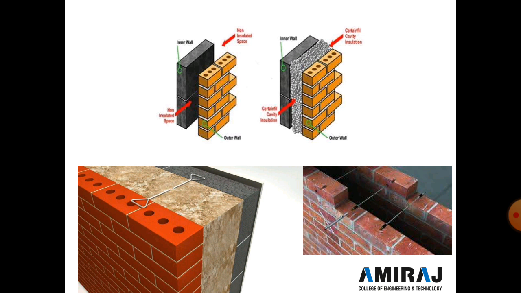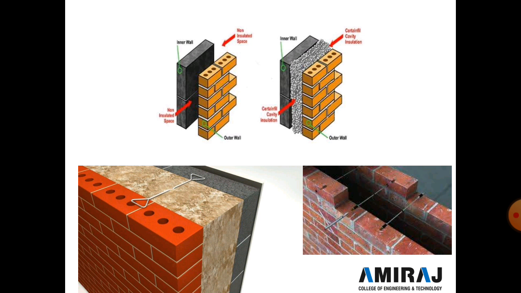See this figure. In this figure the outer wall is made of brickwork, and between the inner wall and outer wall a gap is provided. See this gap, shown by the red color arrow. Here a non-insulated space is given between the inner wall and outer wall.